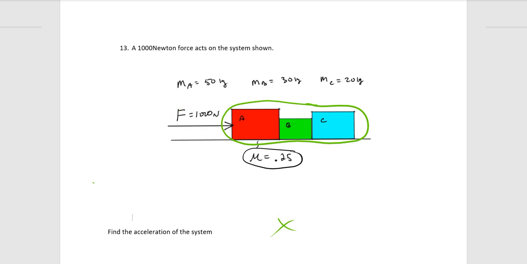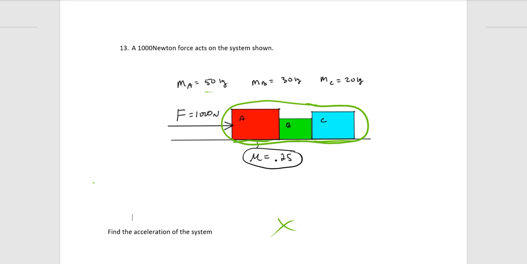Now, if we're treating this as one object, we really only need one vertical normal. Even though we have 3 different, littler normals, we can group those together and call it one single normal up. Same thing with our mg. We could put 3 separate mg vectors, but we don't need to. We can put one single one down and just use our combined mass.